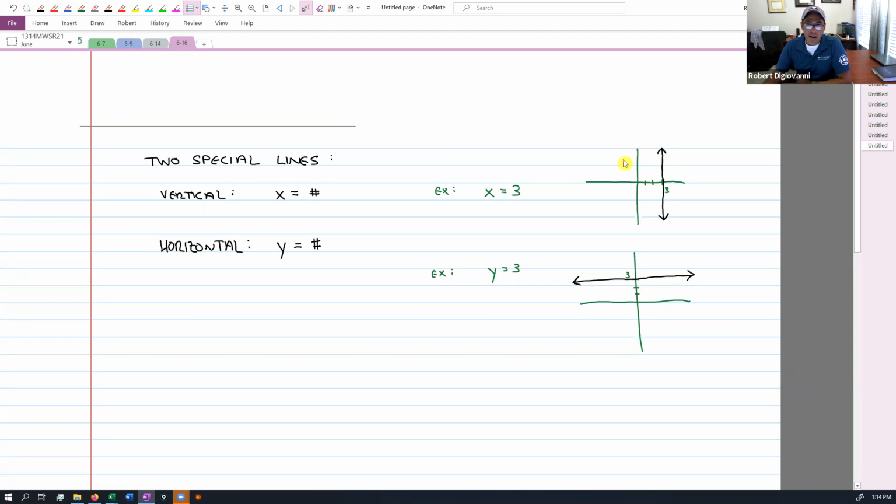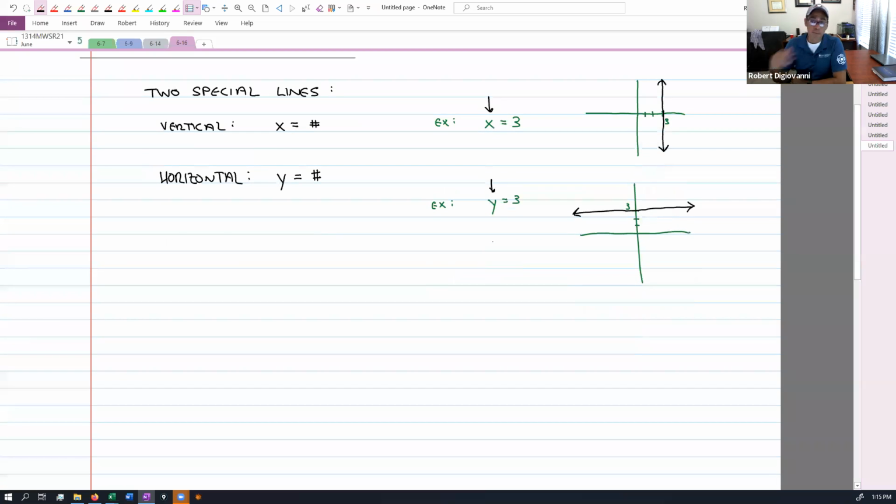Do they hit the y-axis? No, unless it's right on top of the y-axis. Other than that, you only have an x-intercept, so your equation is just going to have x in it. There's no y in this equation. For a horizontal line, you only hit the y-axis, so your equation will only have a y in it. So just be aware that those are the 2 special lines that we have.